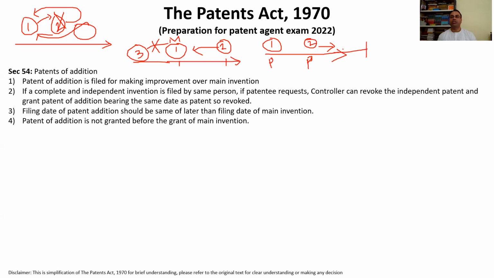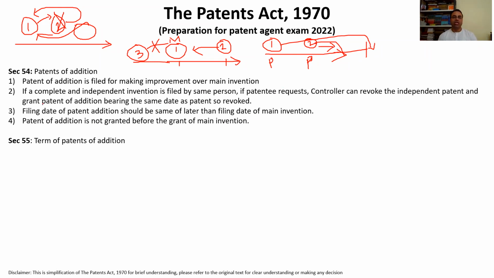But if you convert patent number 2 into a patent of addition, then the patent of addition is not granted before the grant of the main invention. So the grant of this patent of addition will always be after this. So this is the understanding. Okay.